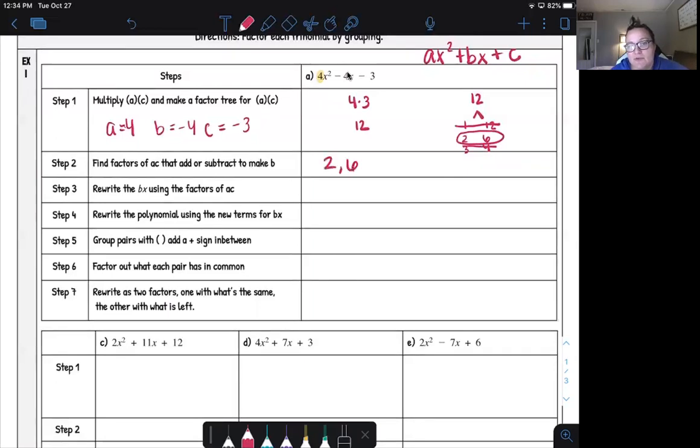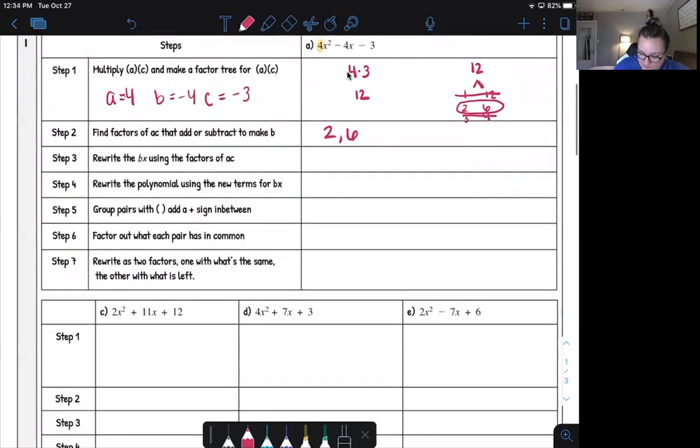Step 3, rewrite the bx term using the factors of ac. So we're going to rewrite -4x using the factors of 2 and 6. So to do this, we want one term to be 2x and we want the other term to be 6x.